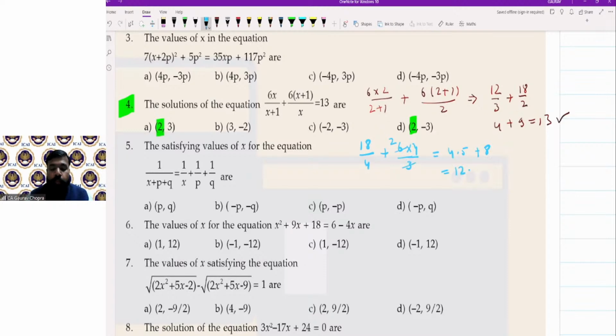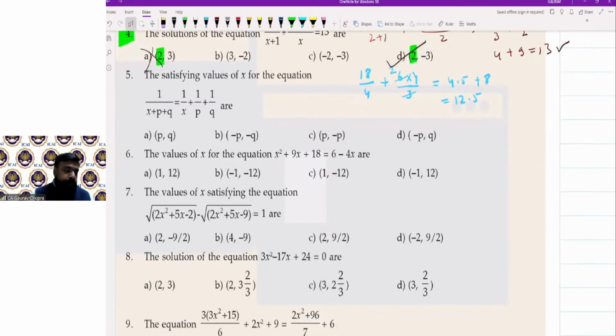We are getting 12.5, not exactly the same result. That means option A will be rejected and automatically option D will be accepted. So no need to solve it completely.